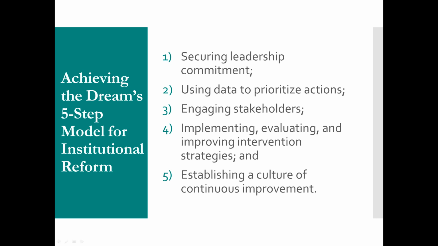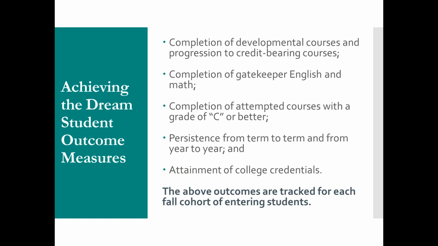The colleges were asked to track and report the following 5 milestones of student progress and see if they move the needle. These 5 ATD student outcome measures are completion of developmental courses and progression to credit-bearing courses, completion of Gatekeeper English and Math, completion of attempted courses with a grade of C or better, persistence from term to term and year to year, and finally, attainment of college credentials.